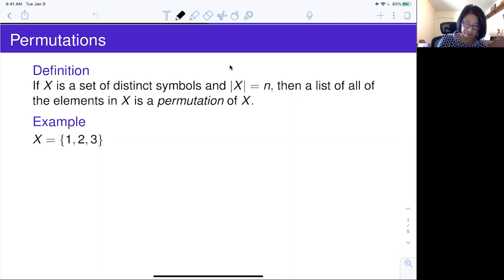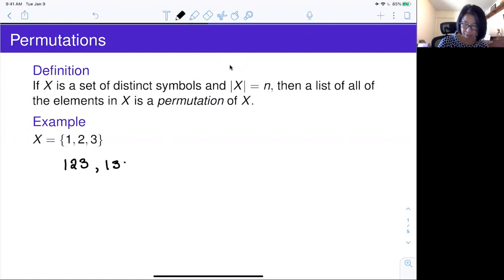So for example, if our set X contains the three elements 1, 2, and 3, then 1, 2, 3 is one list of all of the elements of X. So it's one permutation of the set X. How many others are there? Well, there is one other that starts with a 1.